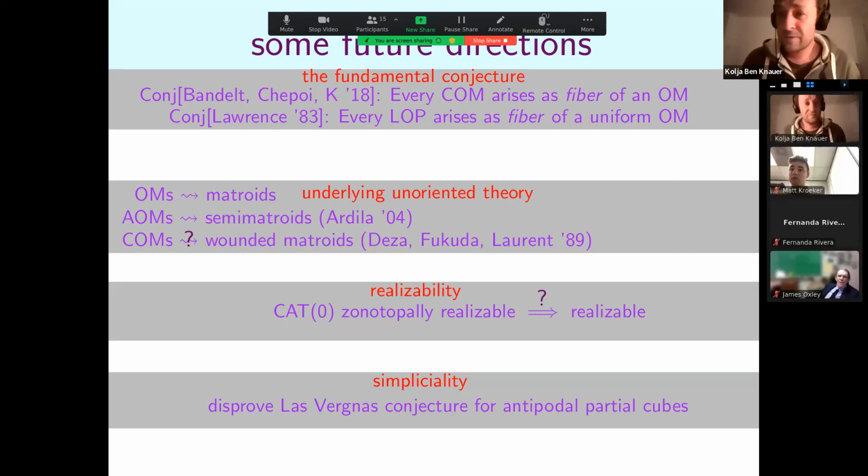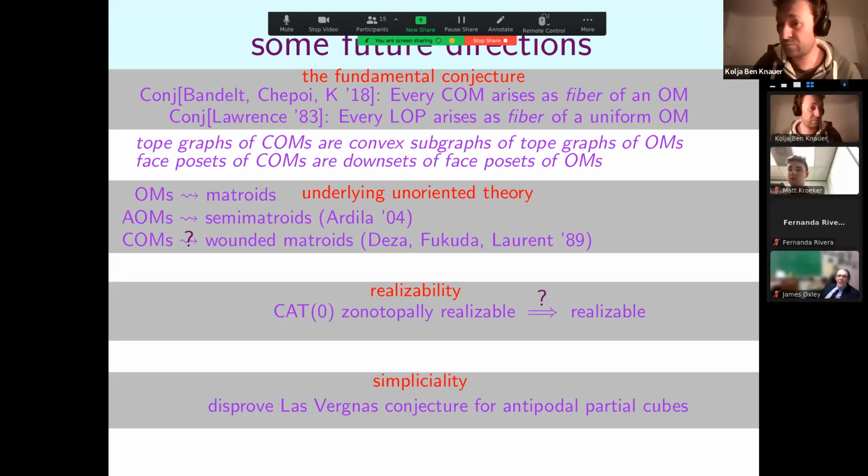The very fundamental conjecture is that every COM arises as a fiber of an OM. This is equivalent to the topological representation theorem for COMs. And there are equivalent ways of saying it. I could also say that the tope graphs of COMs are all convex subgraphs of tope graphs of OMs.